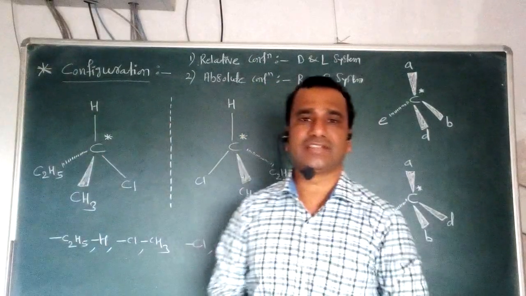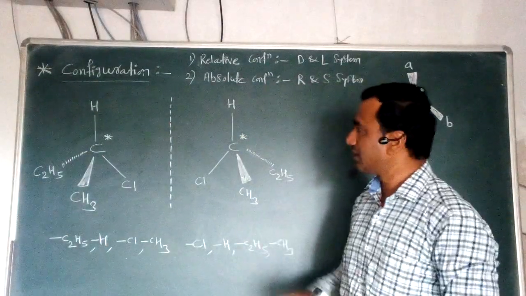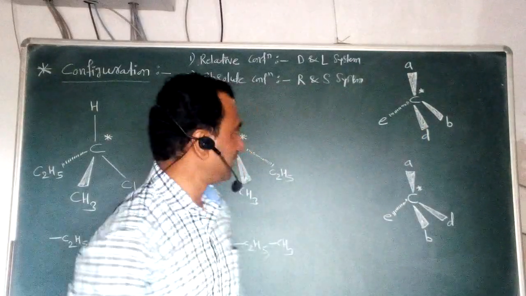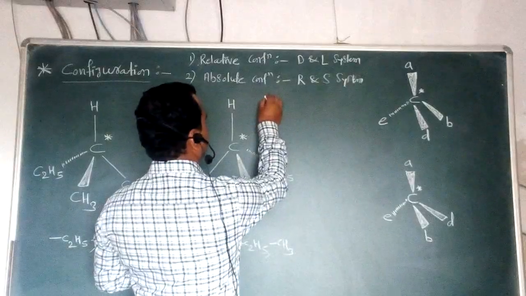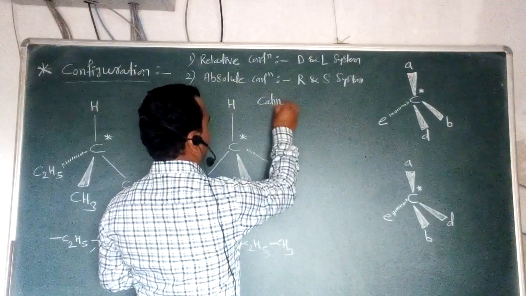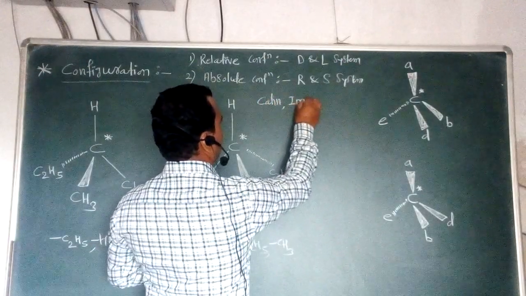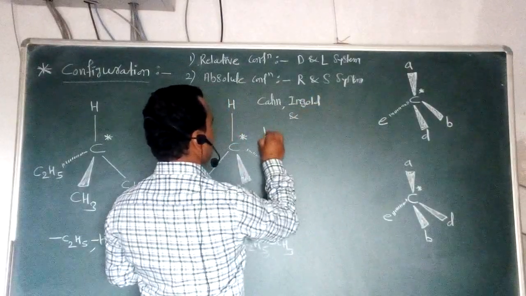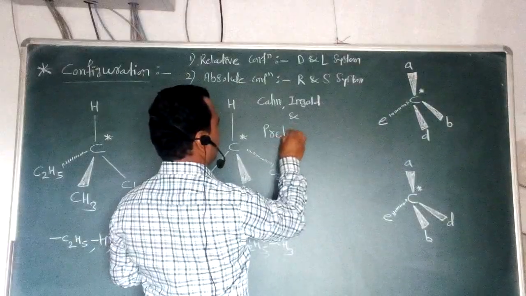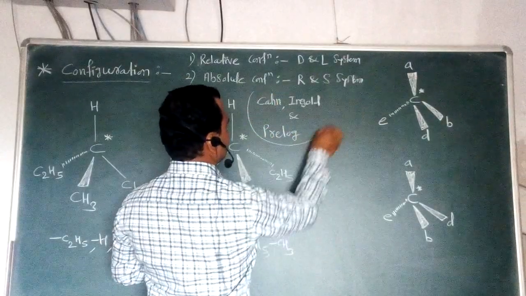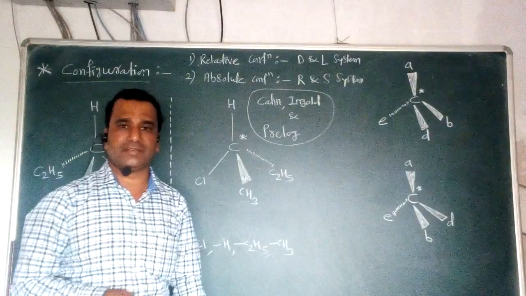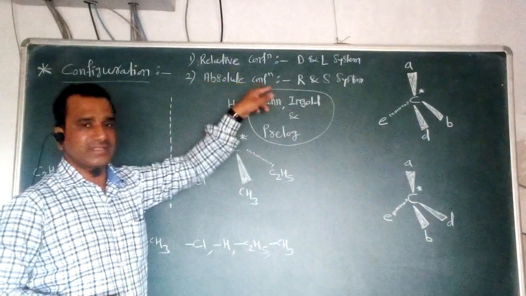Now this absolute configuration system was proposed by three scientists, Cahn, Ingold and Prelog. These three scientists proposed one configuration system, that is the absolute configuration system.